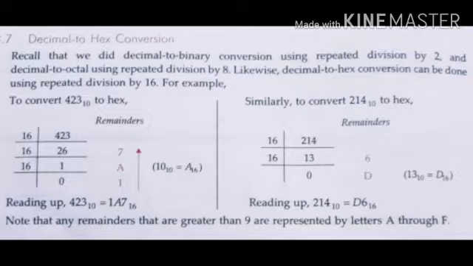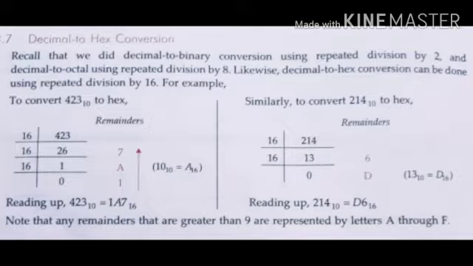One by one, all the remainders up to the topmost remainder we are going to write down in sequence so that we get its equivalent hexadecimal number. The base value for this number will be 16.